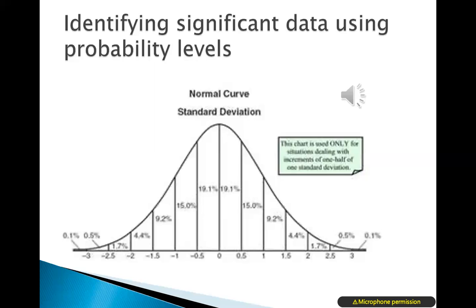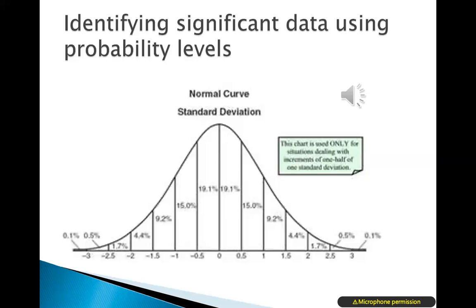This data that is above 3 and below -3 standard deviations is significant data. It could not have happened by chance. Because of this data, I can now make a claim that my research findings are significant.